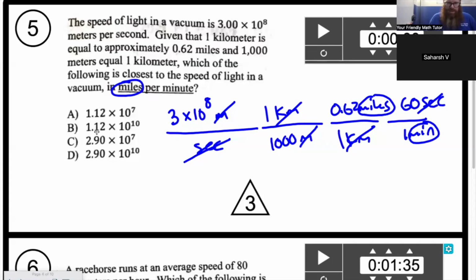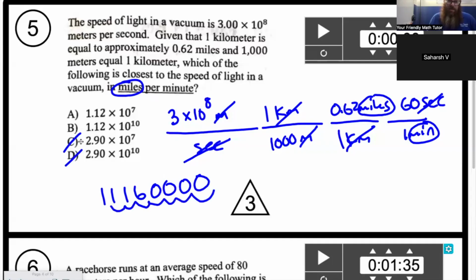All right, I get the answer choice. It should be A. I just double-checked because of the way my calculator gave it to me: it's one of the 1.12 ones, and then I have to move the decimal over 1, 2, 3, 4, 5, 6, 7. So then it's A.